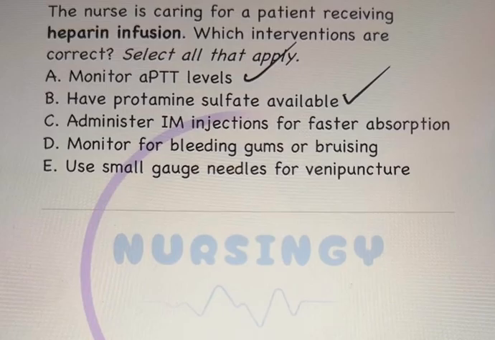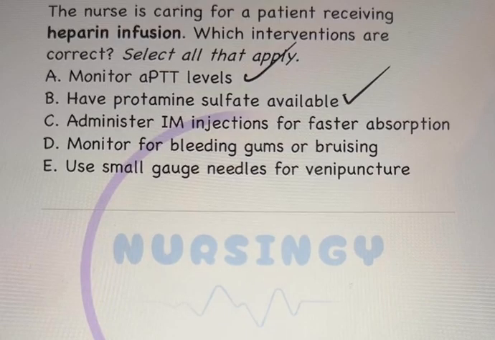Administer IM injection for faster absorption. Can we do it IM? No. What's going to happen if we give it IM? It's going to bleed.